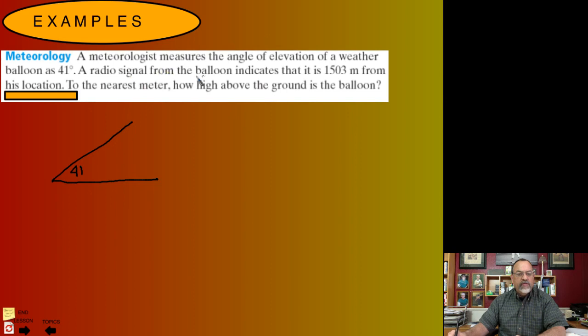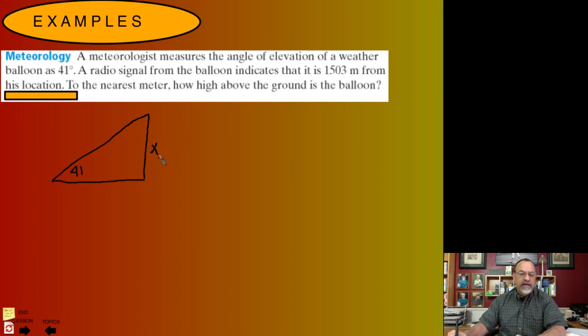The radio signal from the balloon indicates that it is 1,503 meters from his location. So which side of this is 1,503 meters? That is the question. To the nearest meter, how high above the ground is the balloon?